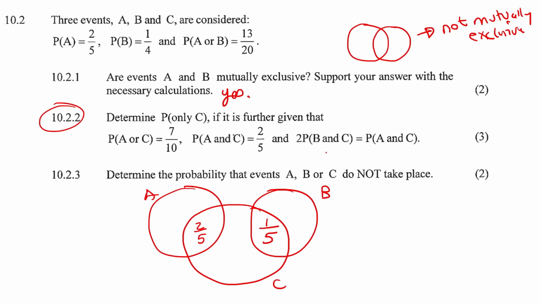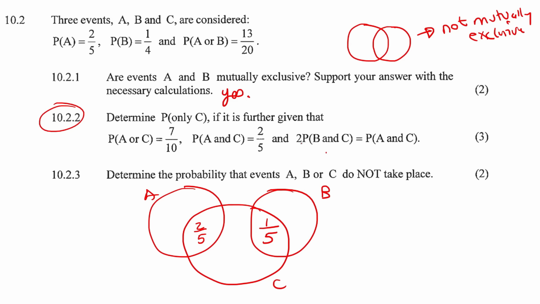The next thing is the probability of A or C. Now A or C is, okay, no, that's not going to help us just yet. But A or C is this, and this. So it's all of the A and all of the C. It's all of those combined. All of those combined must add up to 7 over 10.